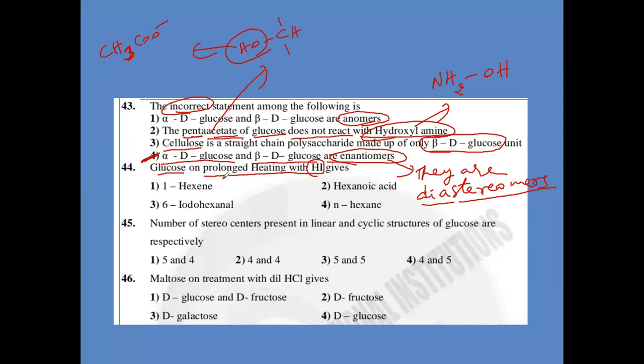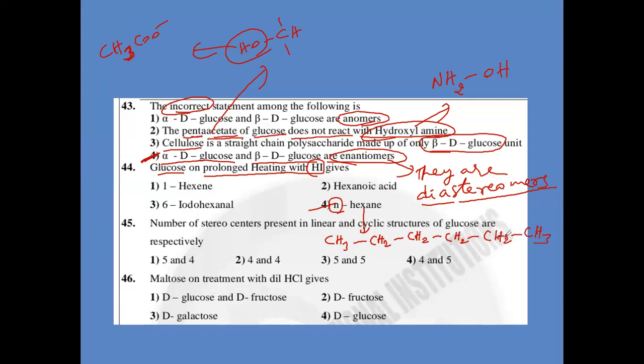Next. Glucose on prolonged heating with HI, hydrogen iodide. When glucose is heated with hydrogen iodide, what happens? It will change into n-hexane. N-hexane means normal hexane. In normal hexane, how will it be? CH3-CH2-CH2-CH2-CH2-CH3, 1, 2, 3, 4, 5 and 6.